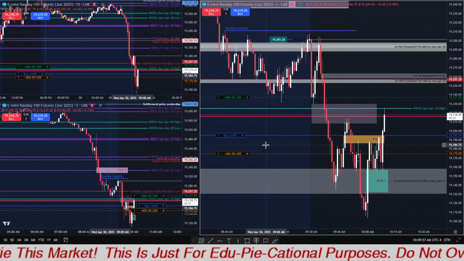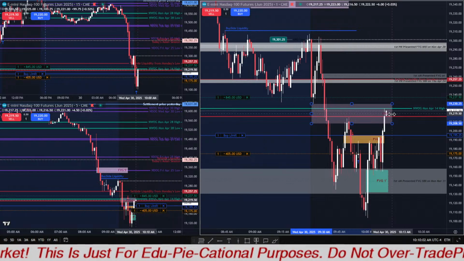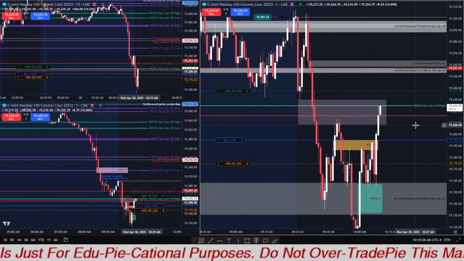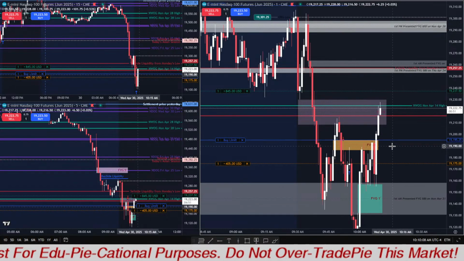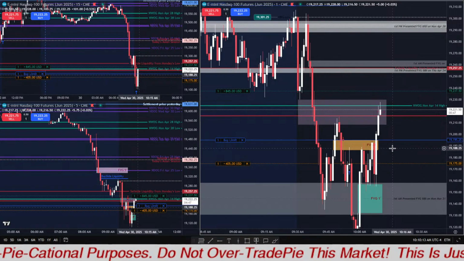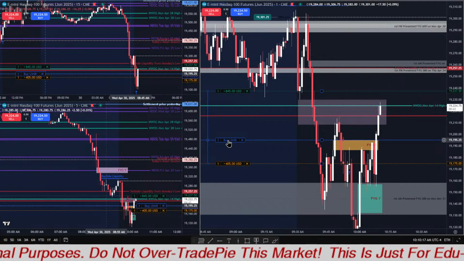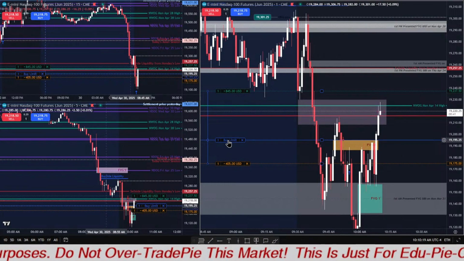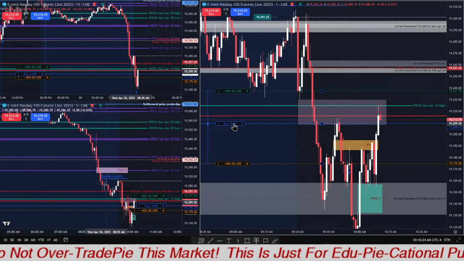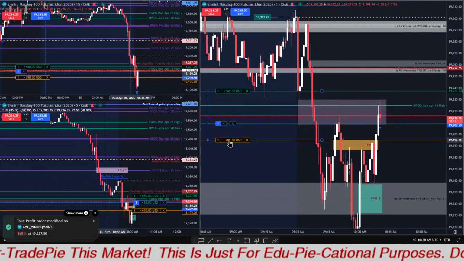We traded into the 5-minute BC and closed below the consequent encroachment of that. So far, it didn't get filled again over here. Not a problem. I'm using this price over here as an entry for the breaker.